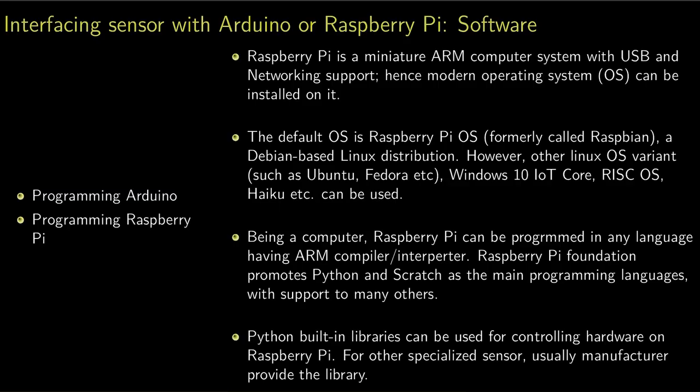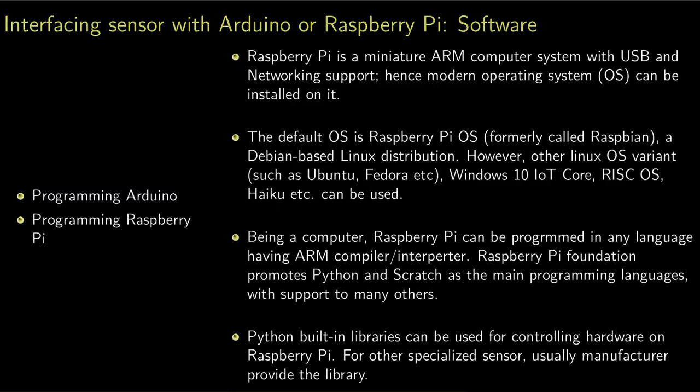The default OS is a Raspberry Pi OS, formerly called Raspbian, a Debian-based Linux distribution. However, other Linux OS variants such as Ubuntu, Fedora, etc., Windows 10 IoT Core, RISC OS, Haiku, etc. can be used. There's no problem with that.